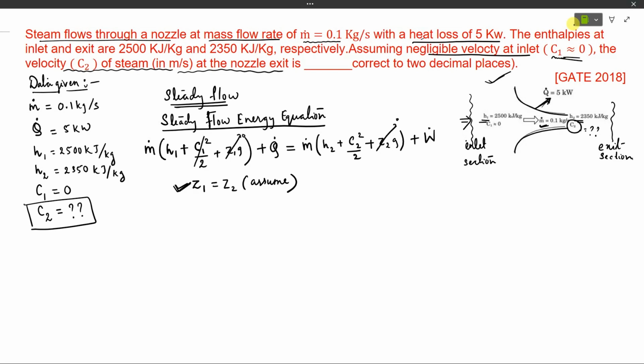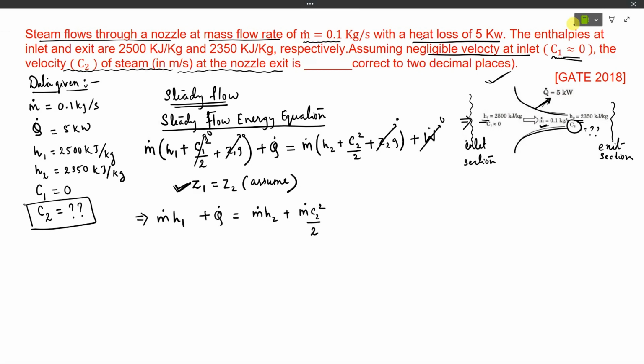Next, there is nothing regarding work done on or by the system, so we neglect the work done. The reduced form of the equation is m dot h1 plus q dot equal to m dot h2 plus m dot c2 square by 2.